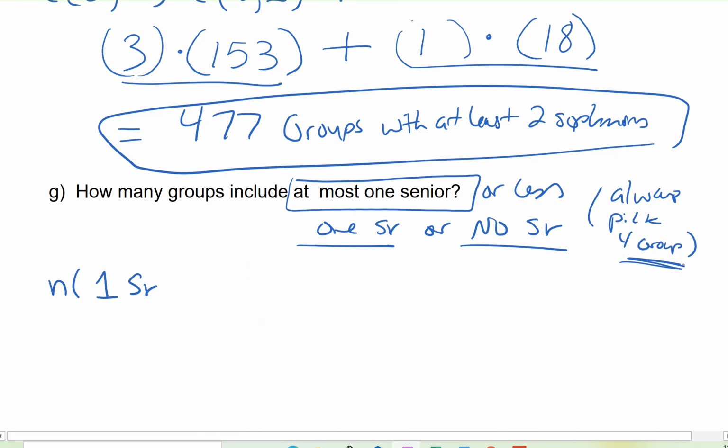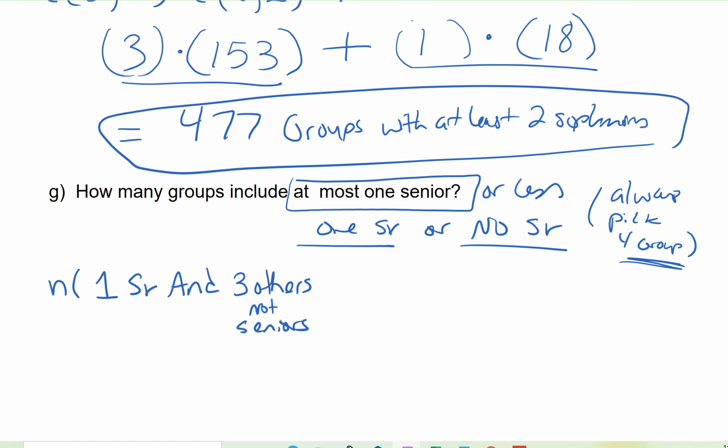I still need 4. I have to finish off that group. So if I've got 1 senior and only 1 senior, I still need and 3 others. Remember the others are not seniors, right? They cannot be seniors. They've already picked a senior. I usually just use the word other. Other implies other than the one I've already selected.